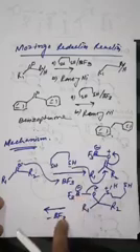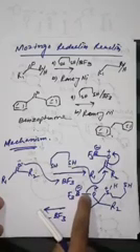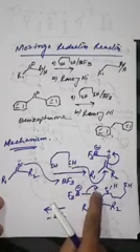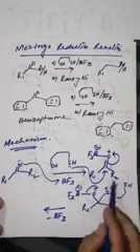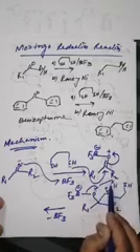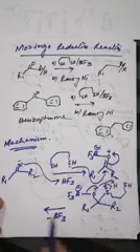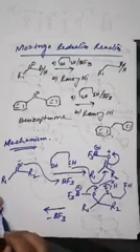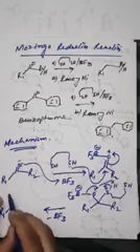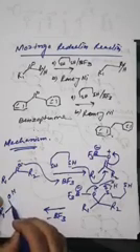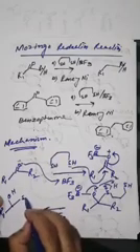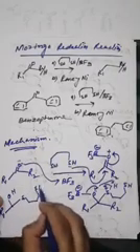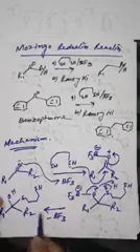There will be no negative charge over the boron now, and this negatively charged oxygen will abstract this hydrogen and you will get this neutral species, OH, S, SH, R2.